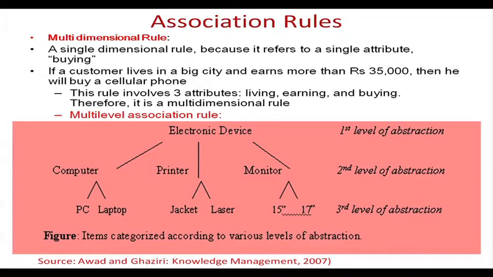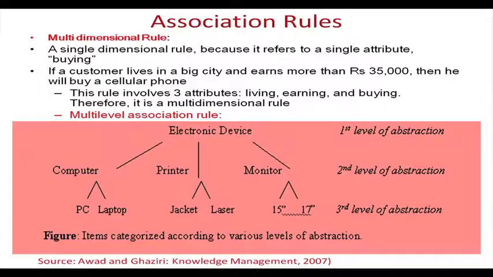So, for example, he needs an electronic device, he is going for a computer, that could be a PC, and he is looking for a laser printer, and he has a 17-inch monitor, right. You can further go for it. For example, whether he has an internet connection or does not have an internet connection. So, that kind of abstraction has to be put in either the first level or the second level, right.